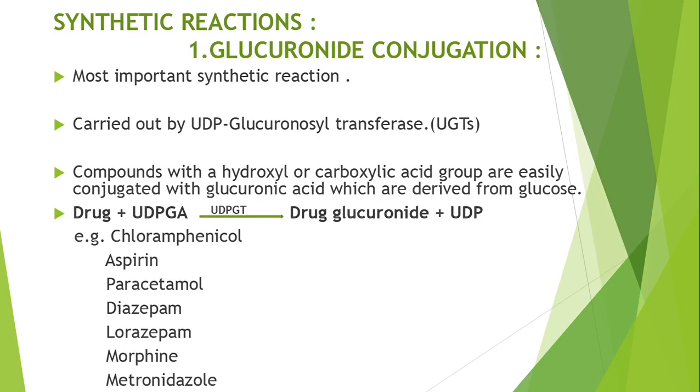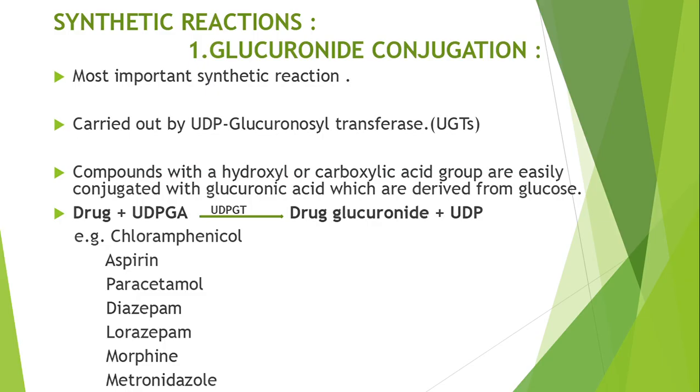Then we will discuss synthetic reactions, that is phase 2 reactions. One is glucuronide conjugation. Glucuronide conjugation is the most important synthetic reaction in biotransformation, and it is carried out by UDP glucuronyl transferases, that is UGTs.